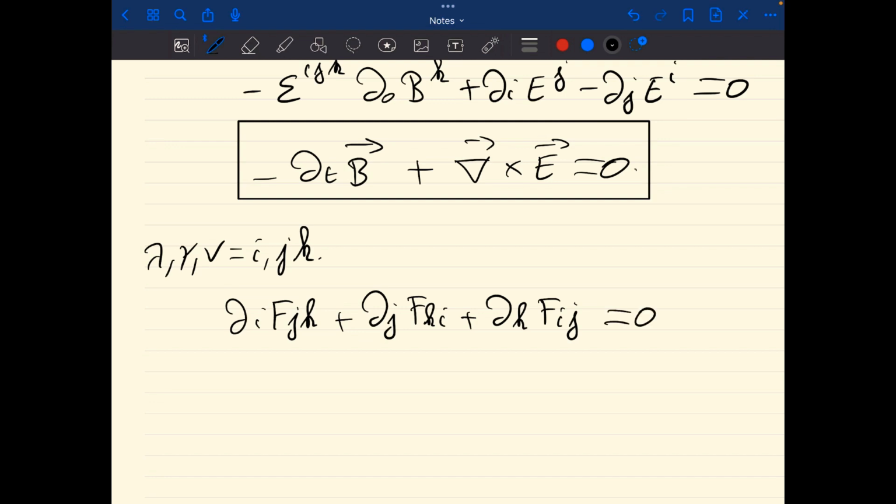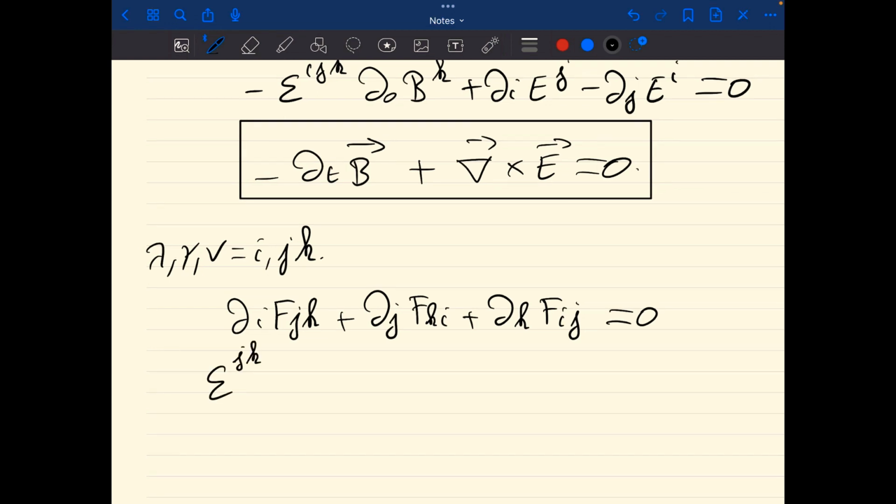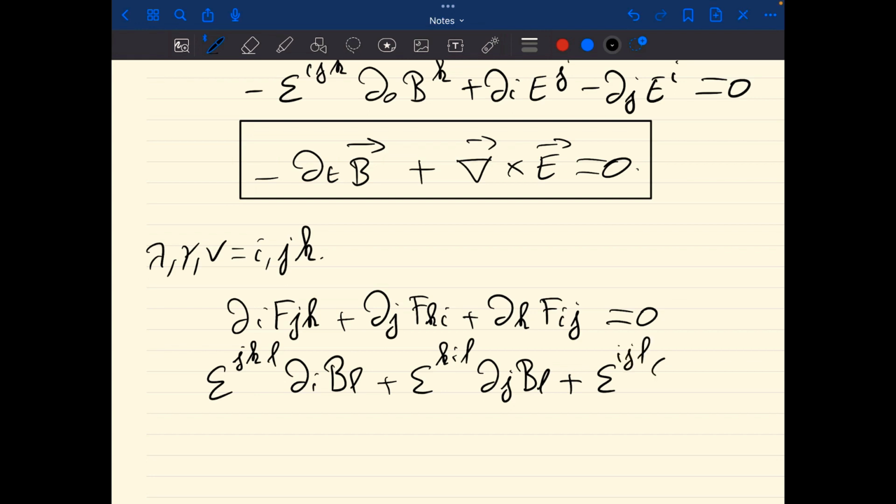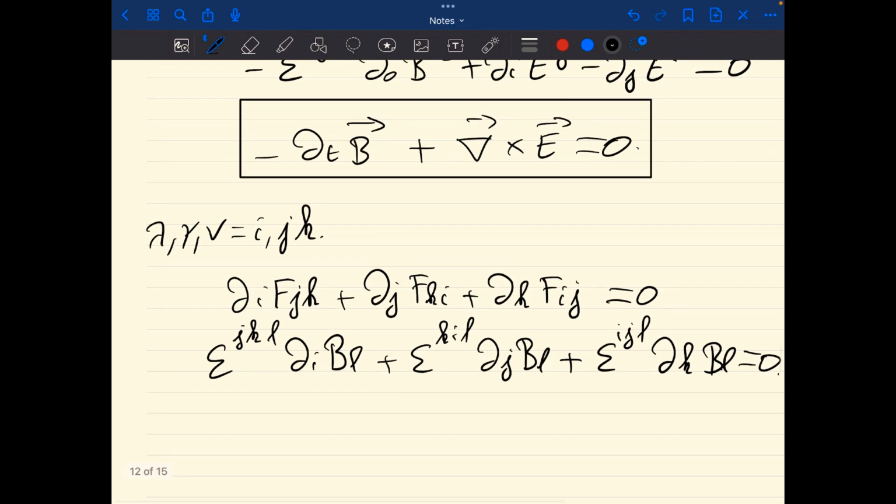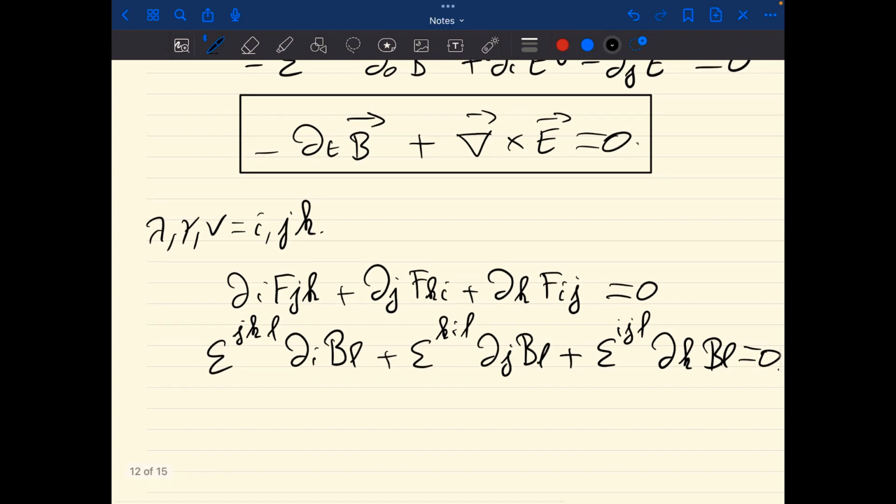So we see that it only involves the magnetic field: epsilon_{jkl} ∂_i B_l plus epsilon_{kil} ∂_j B_l plus epsilon_{ijl} ∂_k B_l equals 0. So you see that it only involves spatial derivatives of the magnetic field.